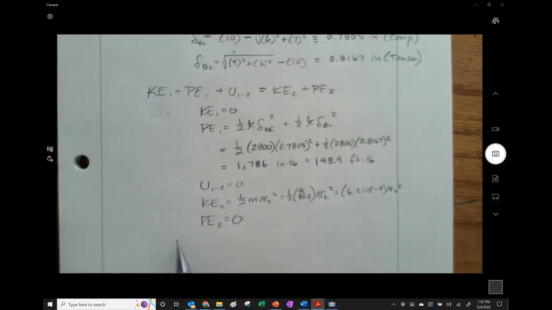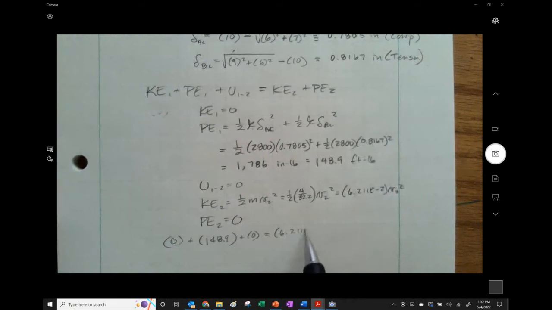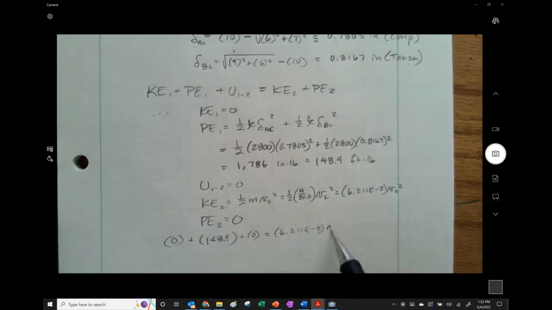So what we're left with is 148.9. So we get v2.